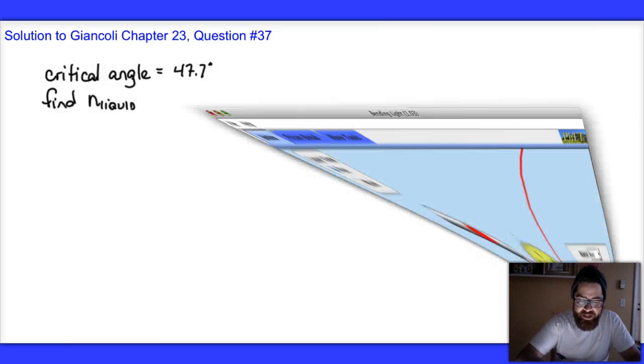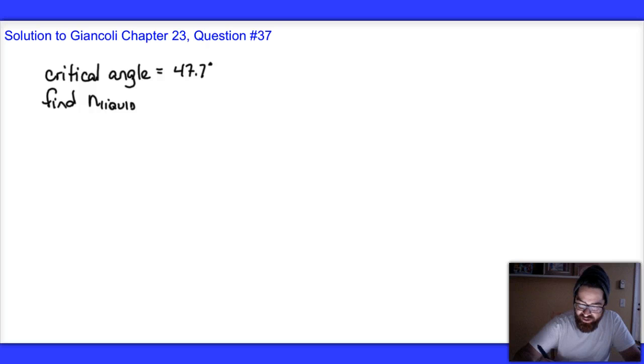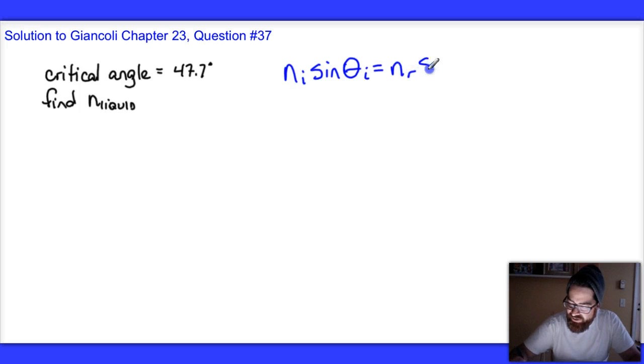So let's go ahead and bust out some Snell's law to help solve this problem. Snell's law, something you should know, is Ni, the incident side, sine theta I is equal to Nr sine theta R. Everything on the right-hand side is the refracted side. Everything on this side is the incident side.